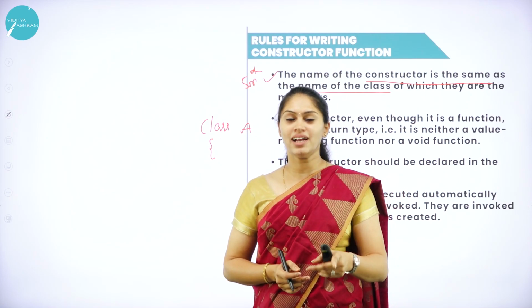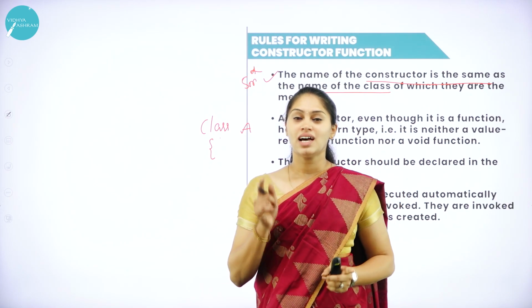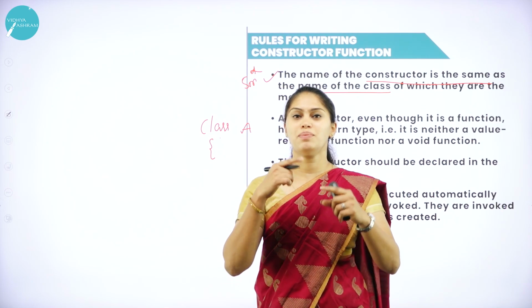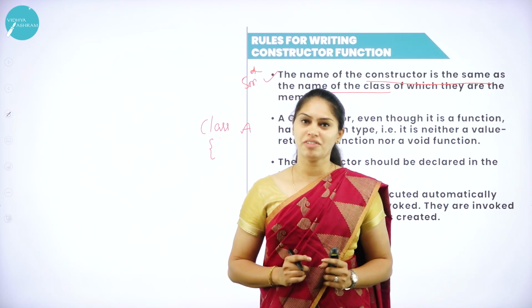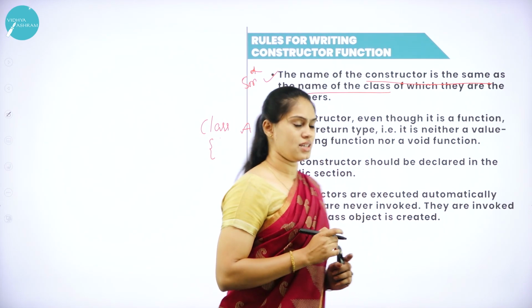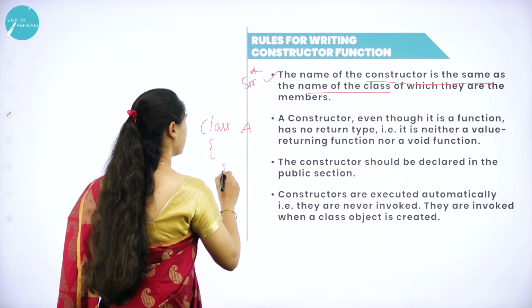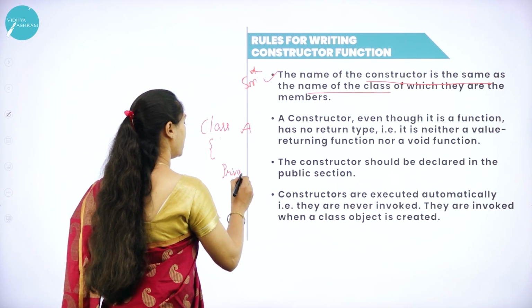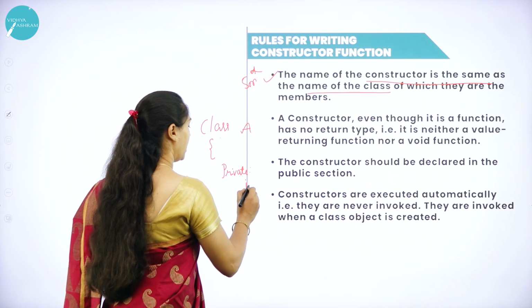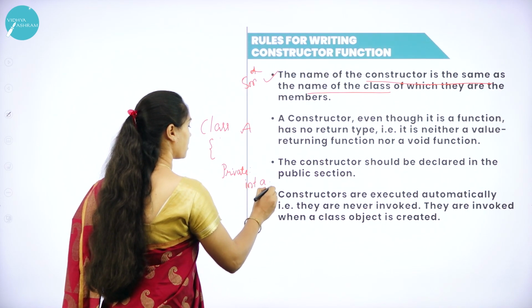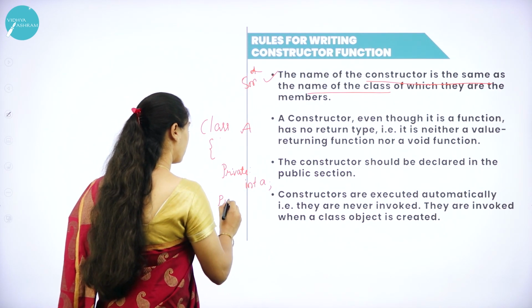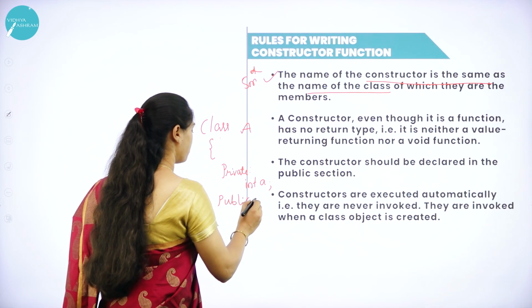Already you know that a constructor is a special member function. So I am going to create one private variable, int a. After that I have a public access specifier.